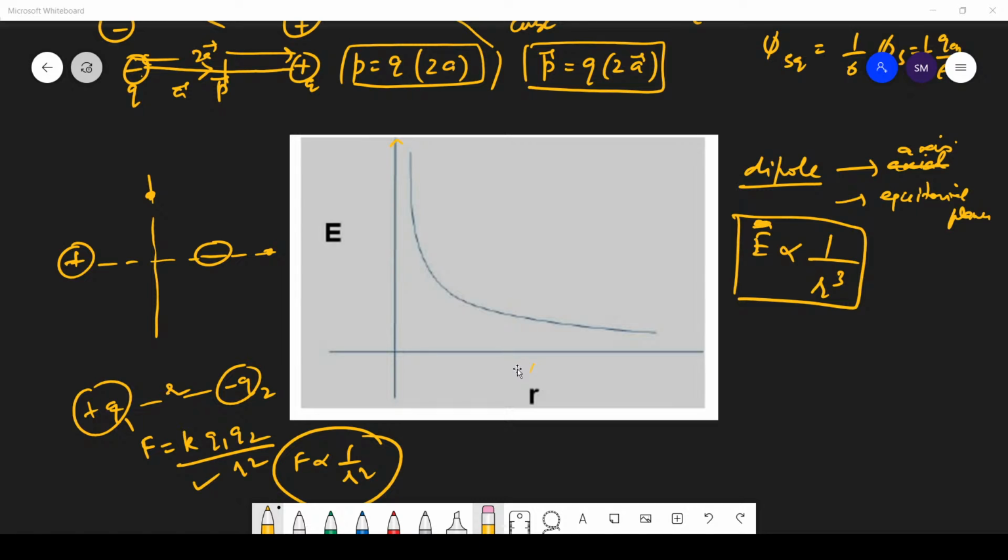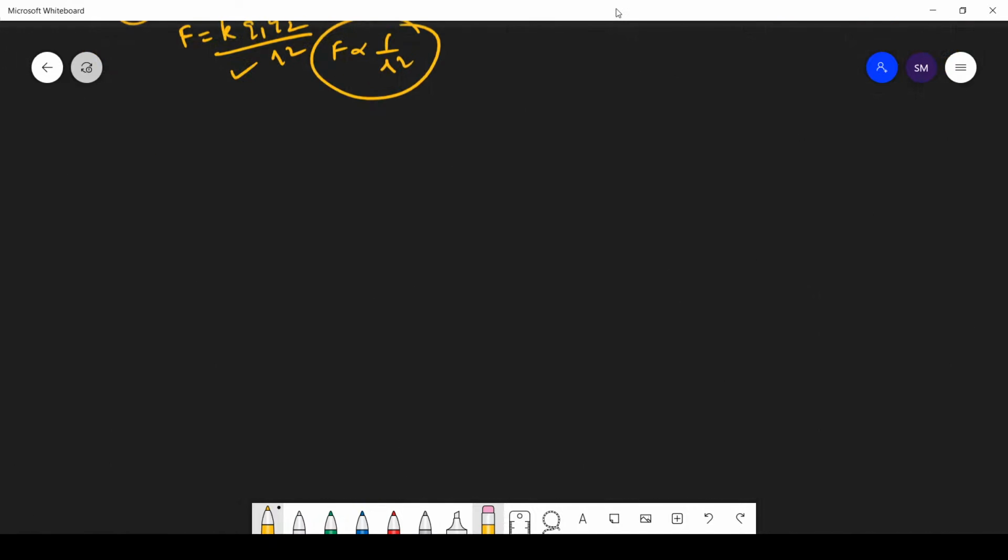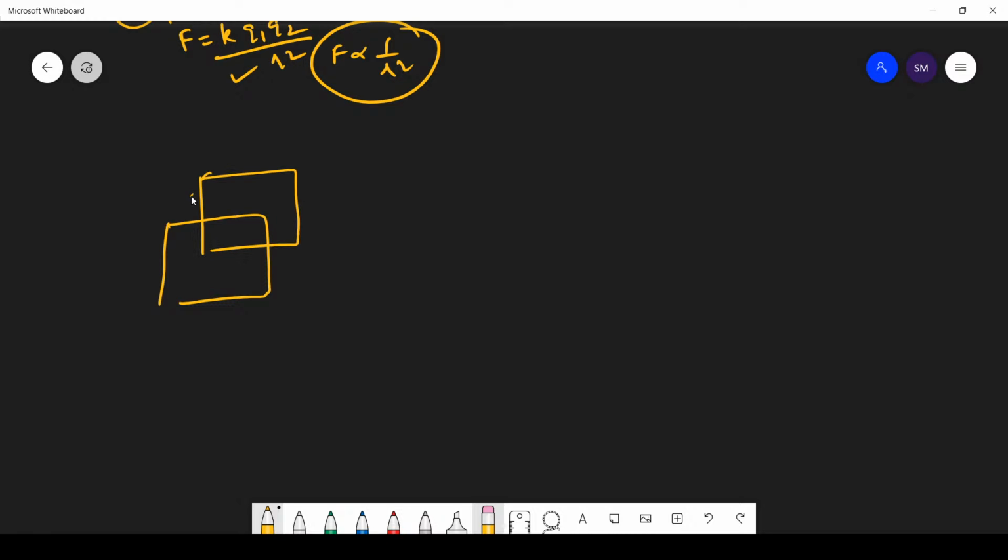Now there can be 1 mark questions. So what are these 1 mark questions? Because a lot of objective questions will be there. One of the objective questions is, you have a cube, and in this cube you have placed a dipole.